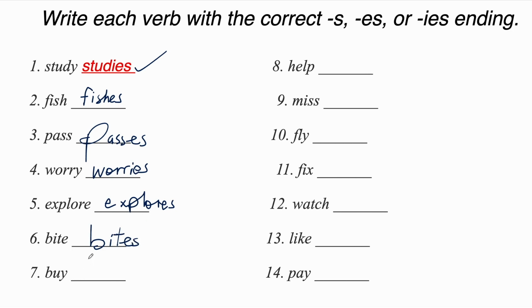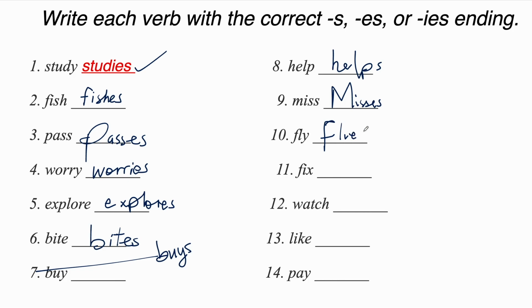So same rule, we just add S. Buy is an exception. So for buy, right here it is buys. We don't drop, it's an exception. Help, perfect. Helps. Miss, again we go. Misses. Fly, look how it changes. Flies. Fix, how do you deal with this? Fixes.